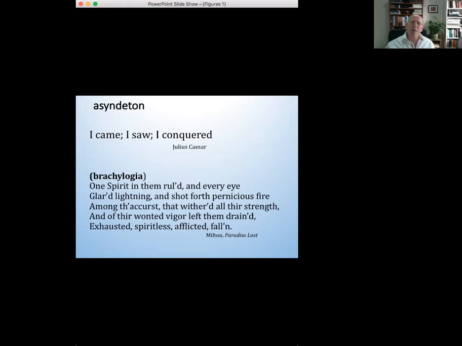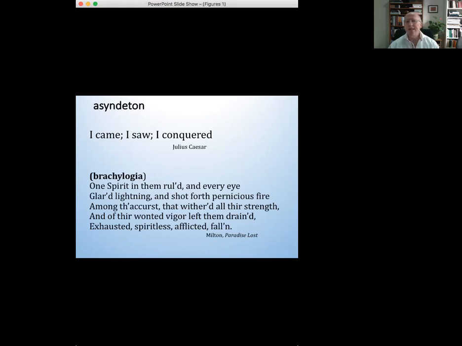We can describe his language as figurative language, in particular an asyndeton, no conjunctions in between clauses or statements. And I think the effect here, clearly, it gives the utterance a sense of authority, terseness, strength, and force.